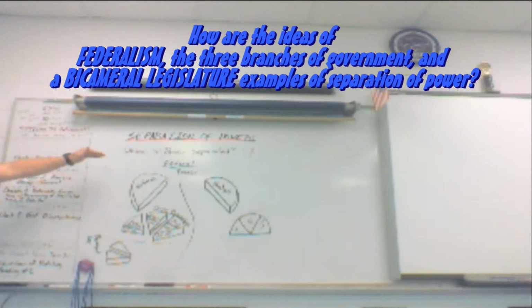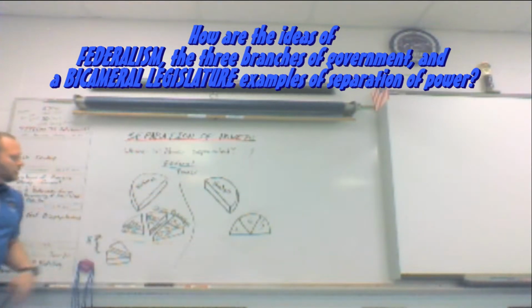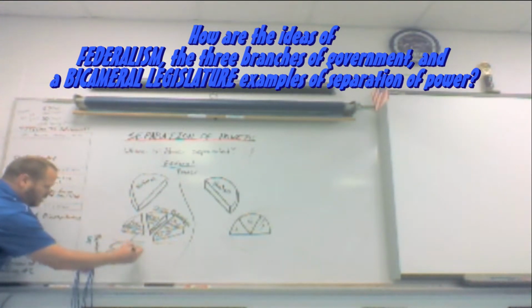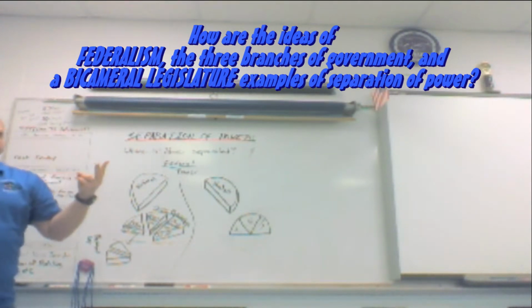So the power of our government is split at the very top between the national government, the federal government, and the states. The national government is split into the 3 branches, and then our legislative branch, their piece of the pie, is a bicameral legislature, which means 2 houses, right?